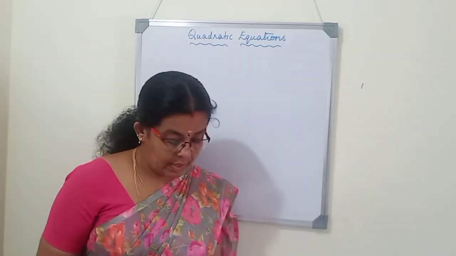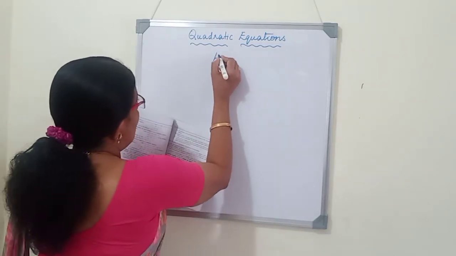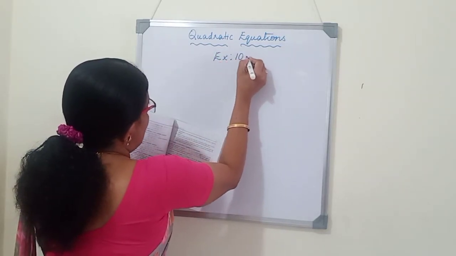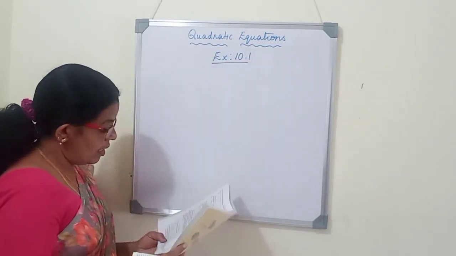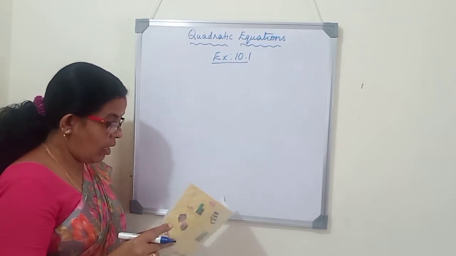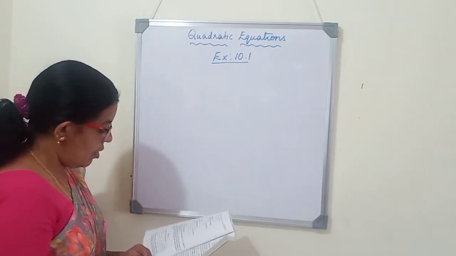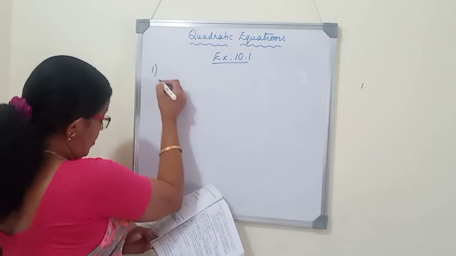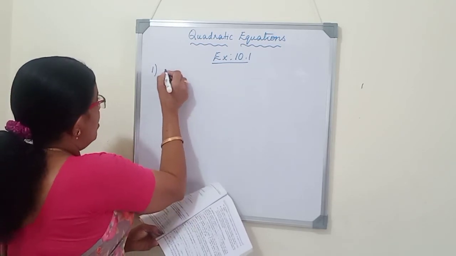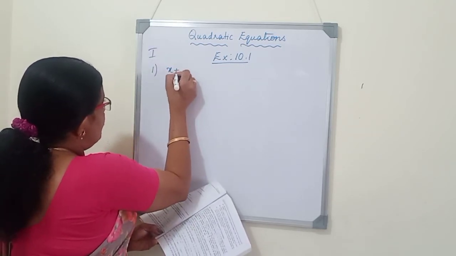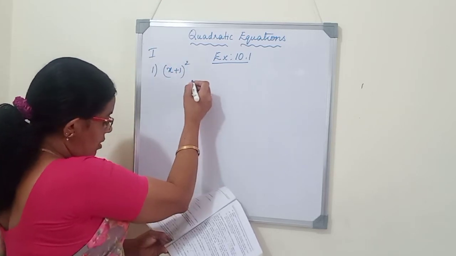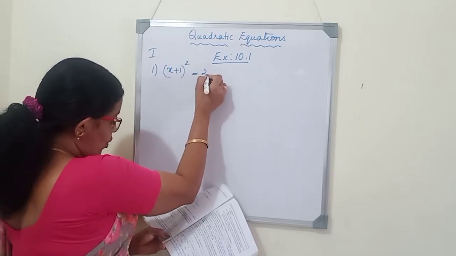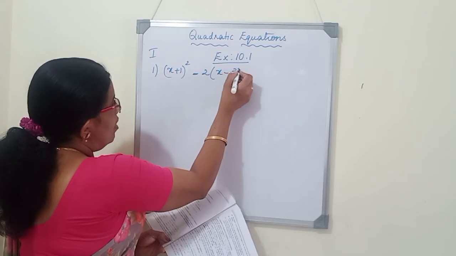The exercise 10.1. First question is, check whether the following are quadratic equations. First question, x plus 1 the whole square is equal to 2 into x minus 3.